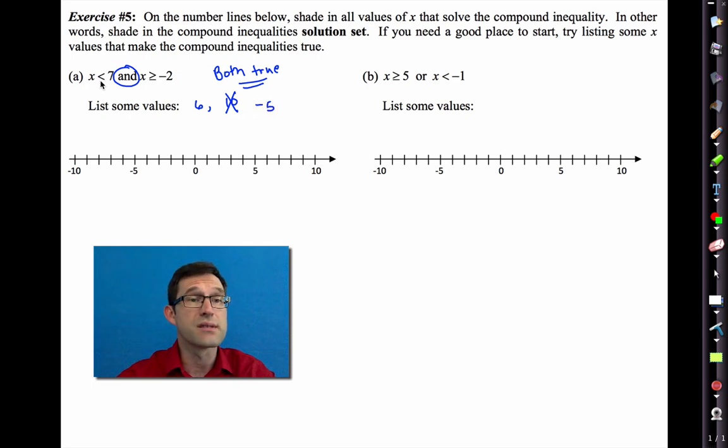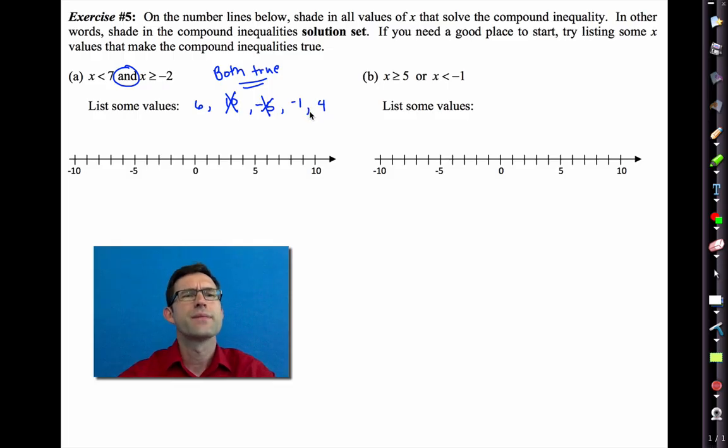Negative 5 is less than 7, but it's not greater than negative 2. How about negative 1? Negative 1, yeah, that's less than 7, and it's greater than negative 2, so that's good. Try another positive number. How about 4? 4 is less than 7, and it's greater than negative 2.